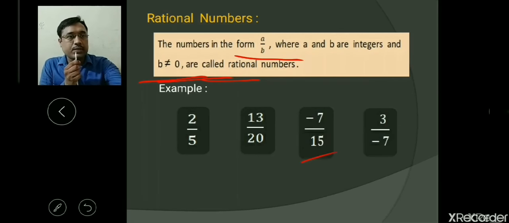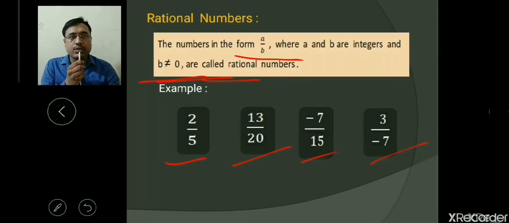Here minus 7 by 15 and 3 by minus 7 are negative rational numbers, and the first 2 by 5 and 13 by 20 are positive rational numbers. If either the numerator is negative or the denominator is negative, then the number is considered a negative rational number.